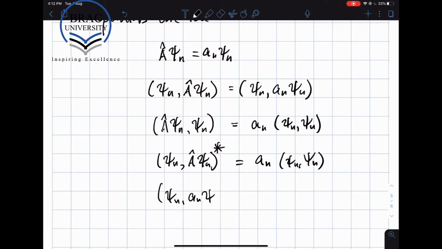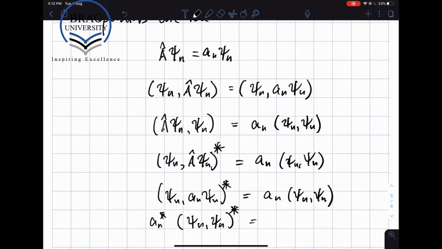Then we can factor out a_n from the left hand side, and because there's a star here, a_n will come out starred, where we have a_n star times psi n, psi n equal to a_n times psi n, psi n.